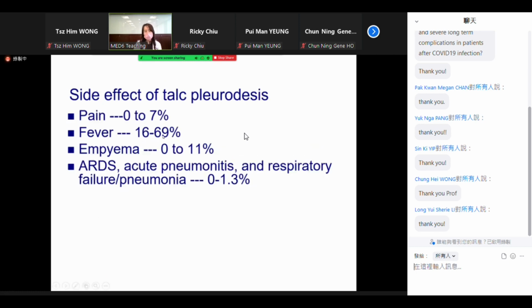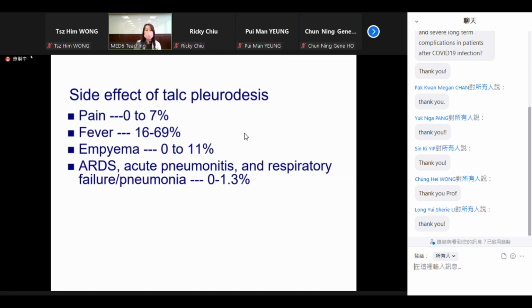So when you become a houseman, you have to take consent for talc pleurodesis. We have to explain to the patient it's quite a painful procedure, but we will give some lignocaine in the solution. And there's a side effect of fever. It's not because of infection, it's because of the inflammatory reaction. Sometimes patients have fever after the chemical pleurodesis.